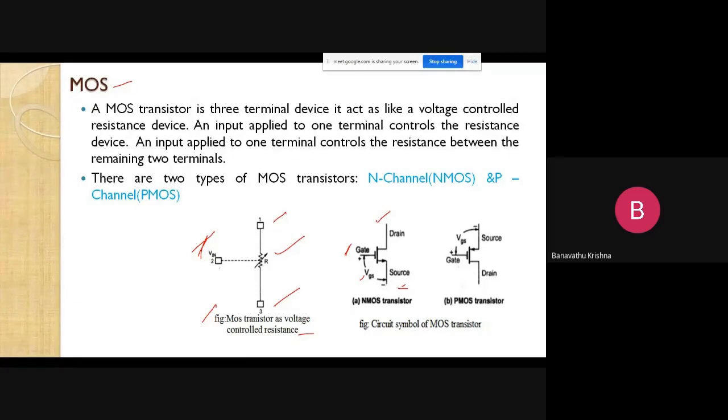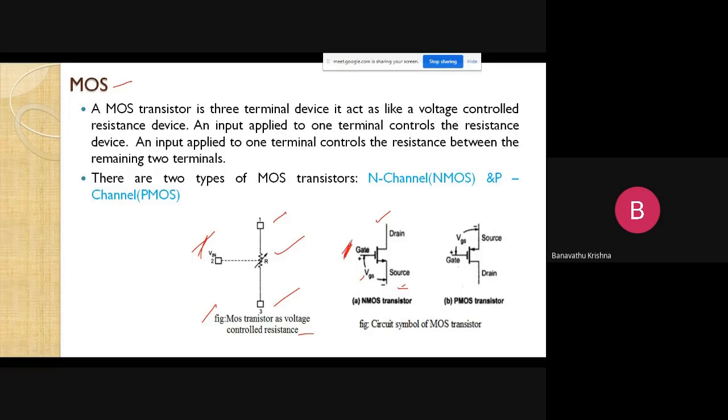If you apply input voltage 0, then the resistance is very high. If it is an N channel device and we apply 0 voltage here, then the NMOS is in off condition, with very high resistance in terms of mega ohms.